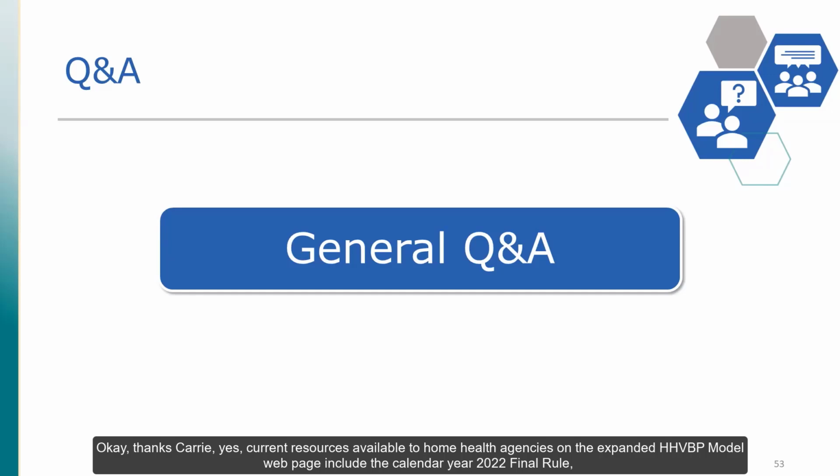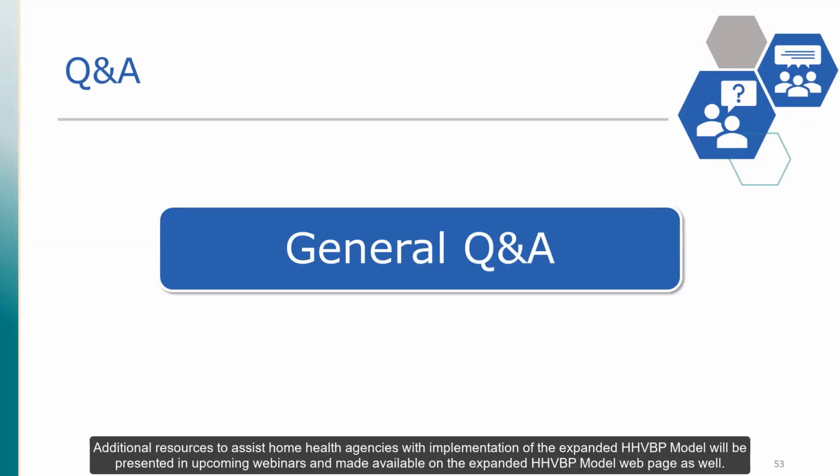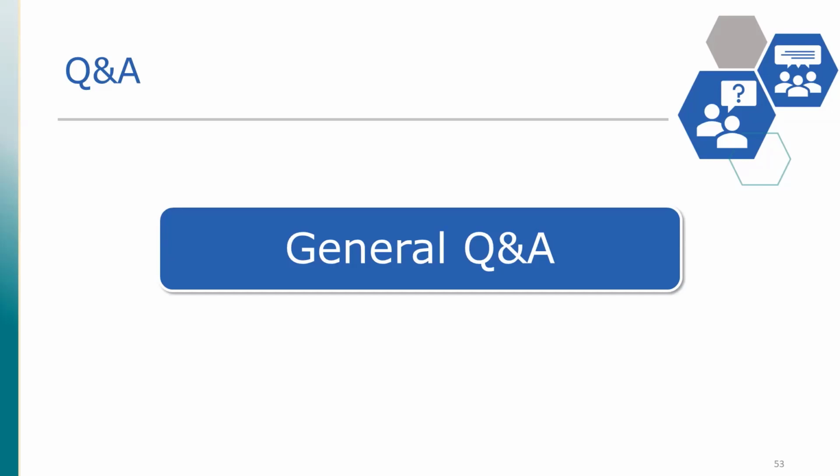Current resources available to home health agencies on the expanded HHVBP Model webpage include the calendar year 2022 final rule, newsletters, composite measure documents, frequently asked questions, and webinar slides. Additional resources to assist home health agencies with implementation of the expanded HHVBP model will be presented in upcoming webinars and made available on the expanded HHVBP model webpage as well.